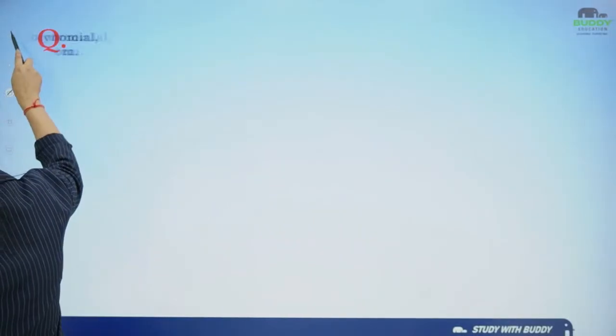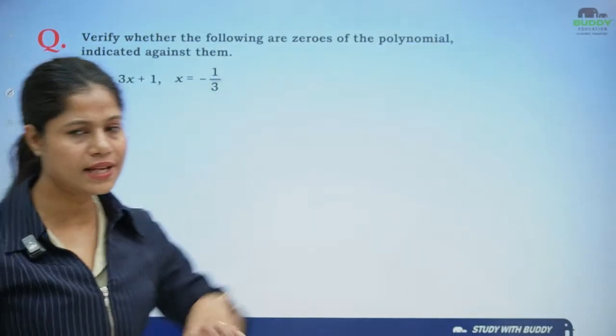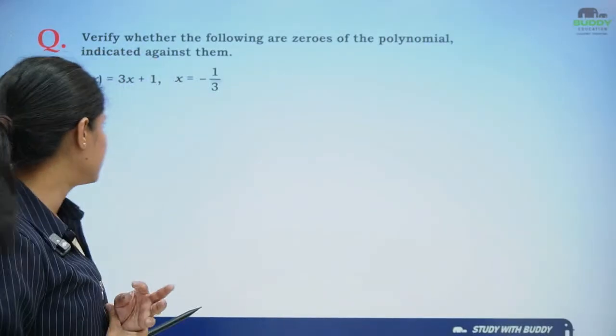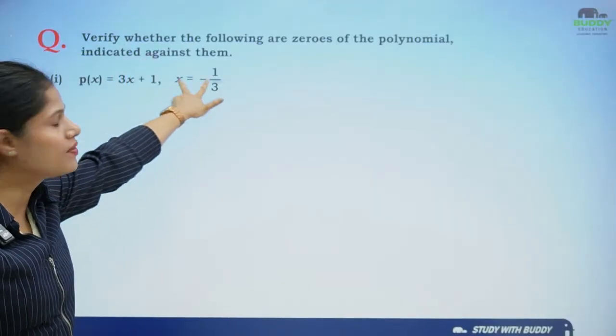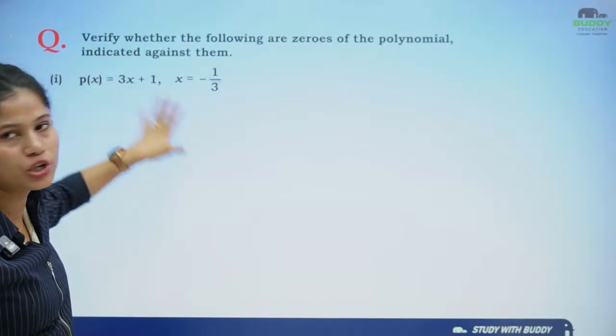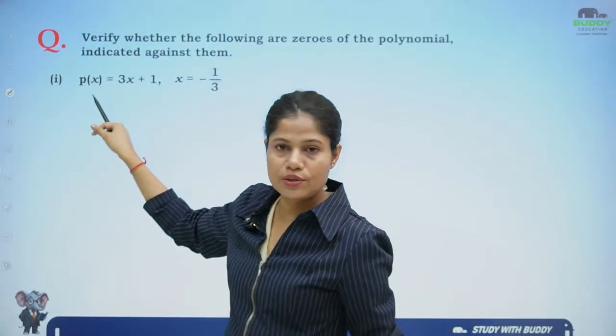Now let's do 1-2 questions and then we will move to the next topic, which is, I guess, the remainder theorem. First, we'll understand. They are saying verify whether the given value is the 0 of the given polynomial or not. So all we have to do is put this value in the polynomial.